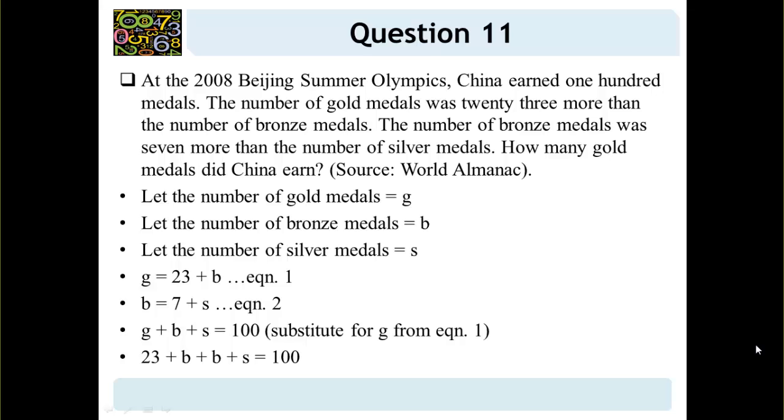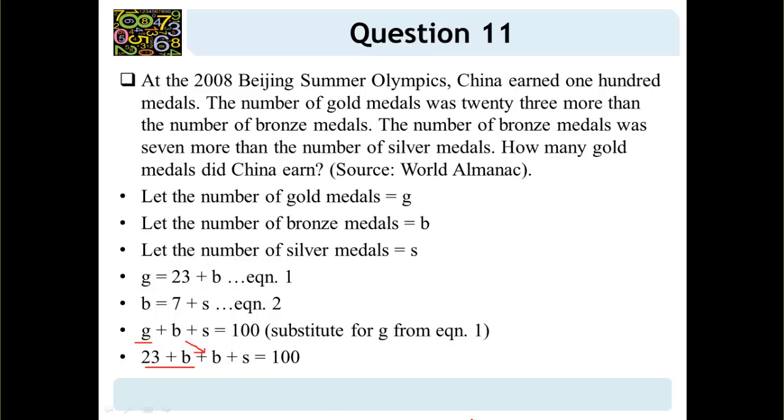That means that anywhere we see G, we have to put 23 plus B. So we now have 23 plus B plus B. Remember, this G is equal to 23 plus B, so we substituted it. Then this B is equal to this B. And then the S. So instead of G, we now have B, B, and S.